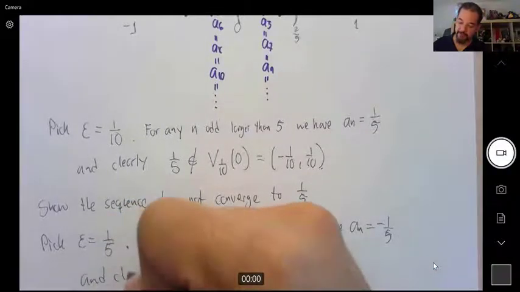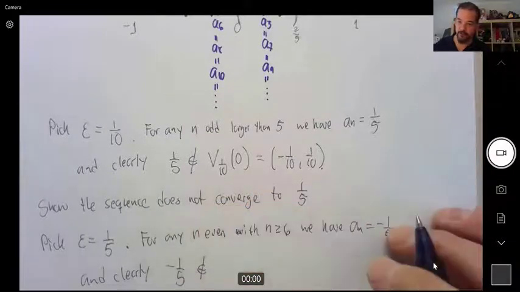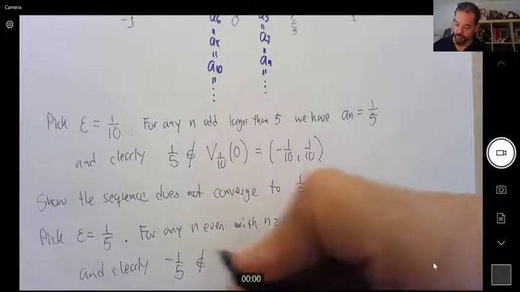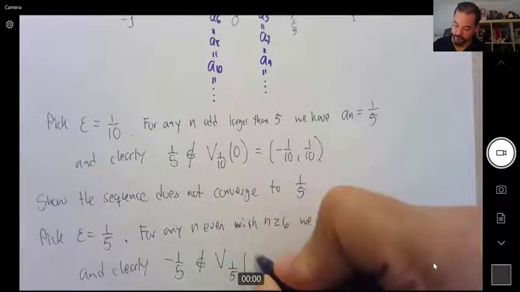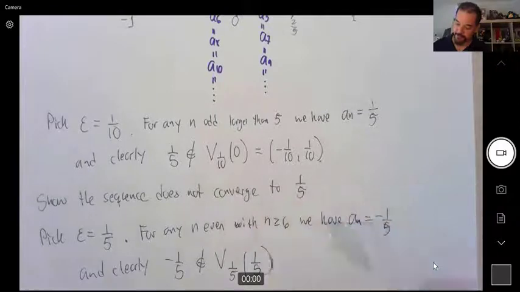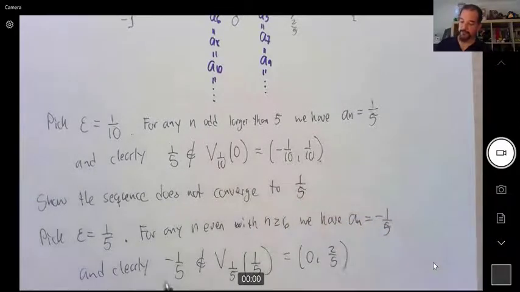And clearly, negative 1/5 does not belong to the 1/5 neighborhood around 1/5, because that neighborhood is from 0 to 2/5. And obviously negative 1/5 is not there, right? Okay, do you get it?